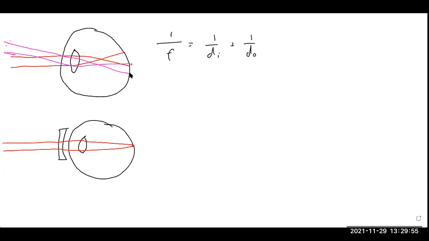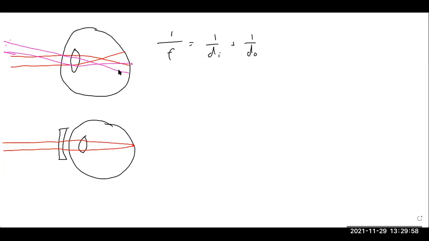You can't see them as distinct things. Whereas a separate object on this one would end up focusing at its own spot.